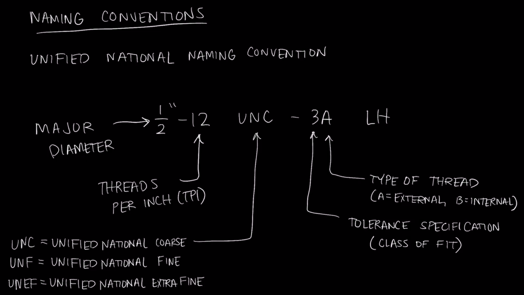And finally, we have this LH, and if you haven't guessed it, this tells us the hand of thread. So yes, there are both left-handed and right-handed bolts. This one is left-handed.